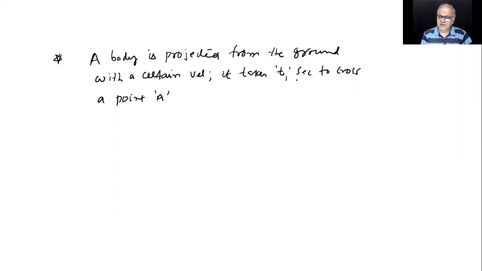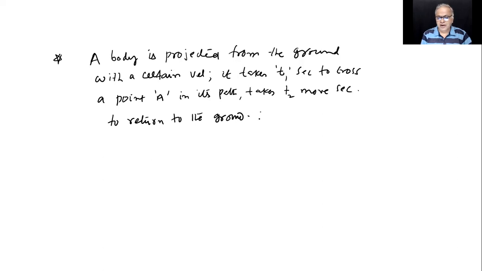It takes T1 seconds to cross a point A in its path. Takes T2 more seconds to return to the ground. Find the height of point A above the ground.